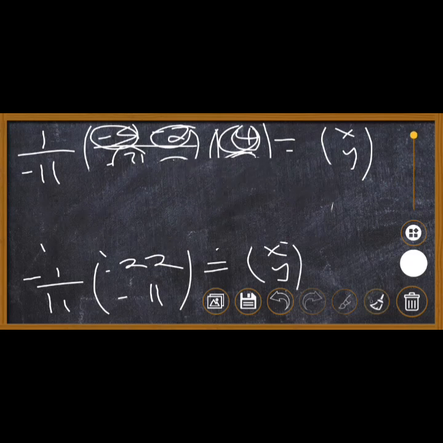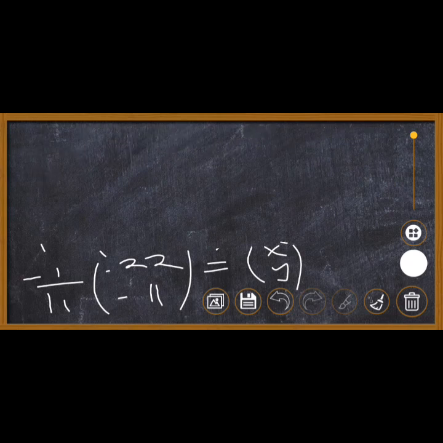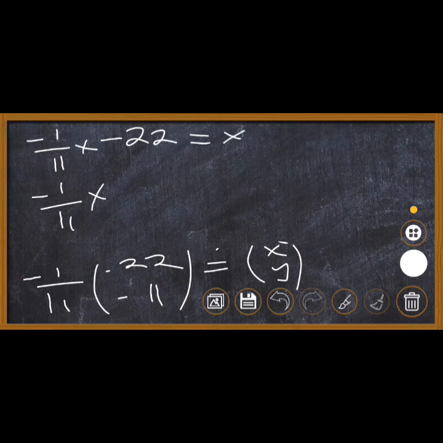So let me just wrap the top part here so that we have more space. Okay, so in this case, let's multiply this with whatever we have there. So in this case, it's going to be negative 1 over 11 multiplied by negative 22. So this is the value of x. And then negative 1 over 11 multiplied by whatever we have down there, that is negative 11. This will be the value for y.